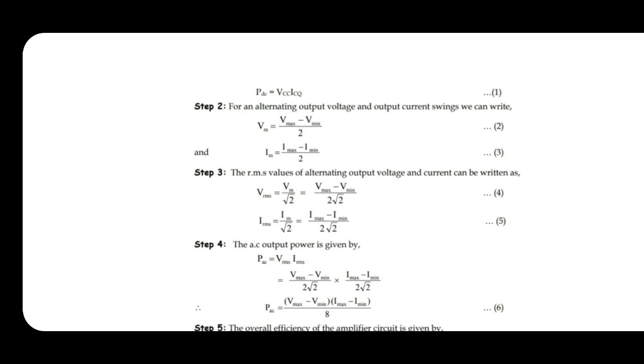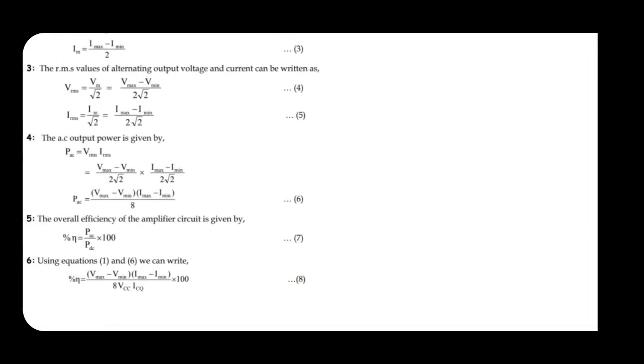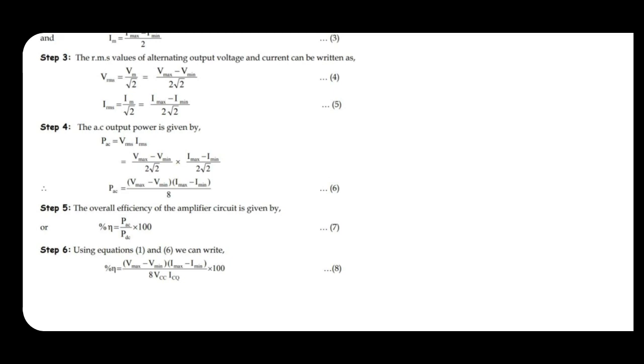And we know that PDC is VCC into ICQ. So using equations 1 and 6, we can write overall efficiency as Vmax minus Vmin into Imax minus Imin by 8 VCC ICQ into 100.